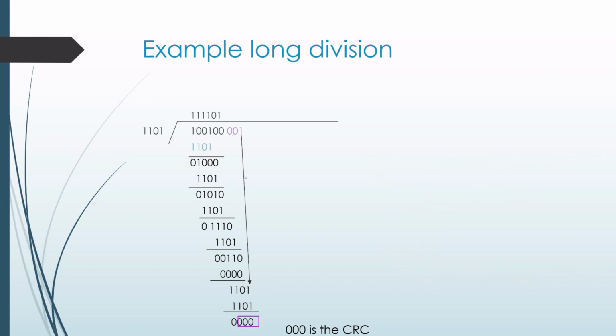Now another thing I would like to show is that if you run this math, putting the 001 here, instead of 000, replace those 3 zeros with 001, and now run this whole division algorithm again, what you would end up getting here is a 000. So that is how you could actually validate the CRC.